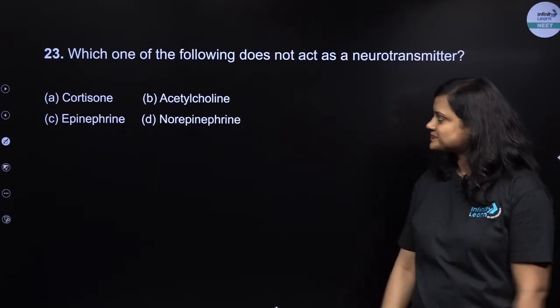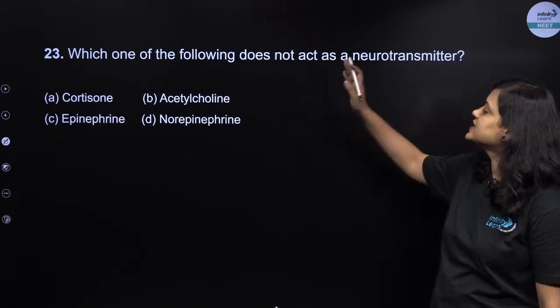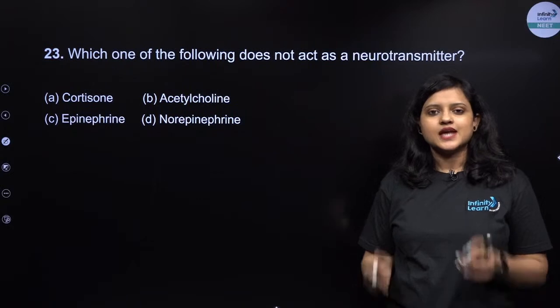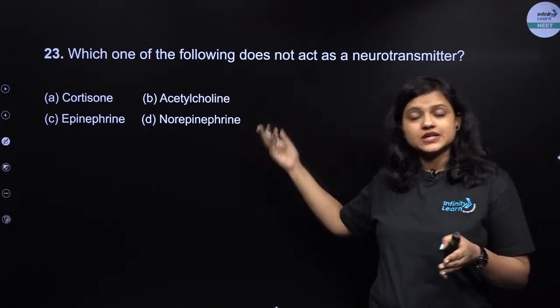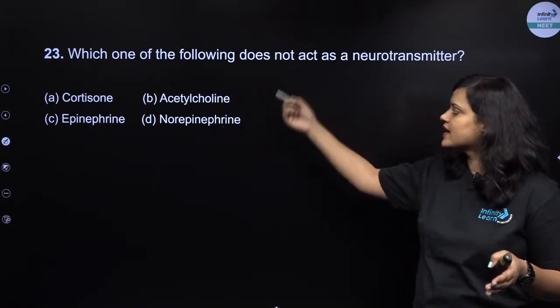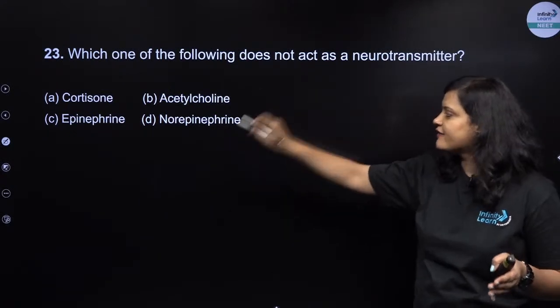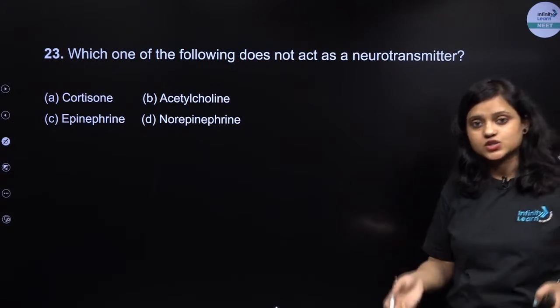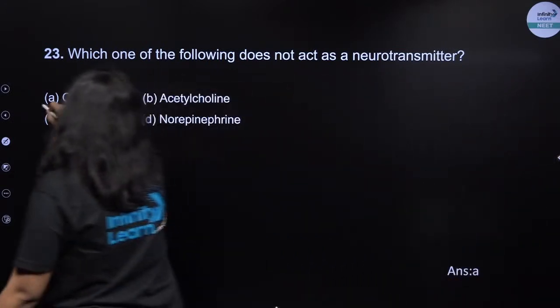Same question. Which one of the following does not act as a neurotransmitter? They are asking which one is not a neurotransmitter. Cortisone, acetylcholine, epinephrine, norepinephrine. Obviously, the answer will be cortisone. What is cortisone?